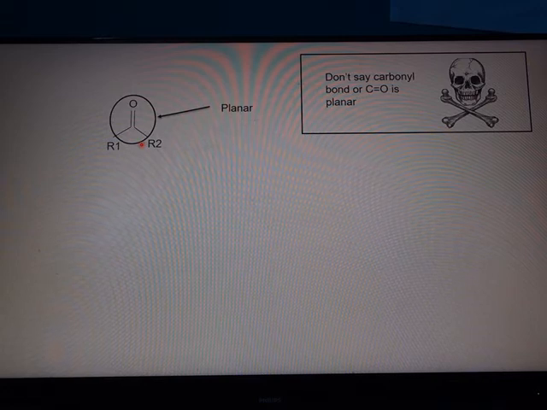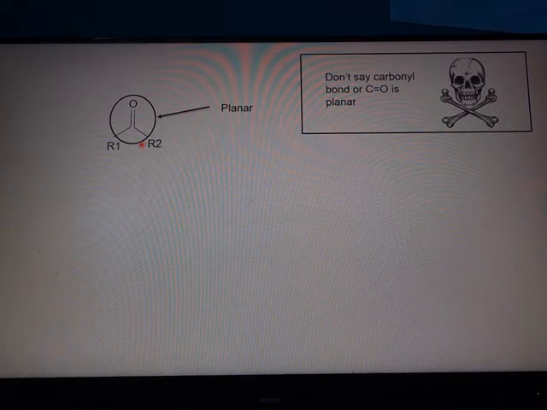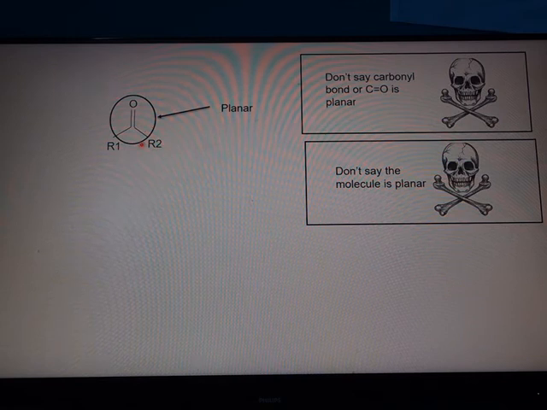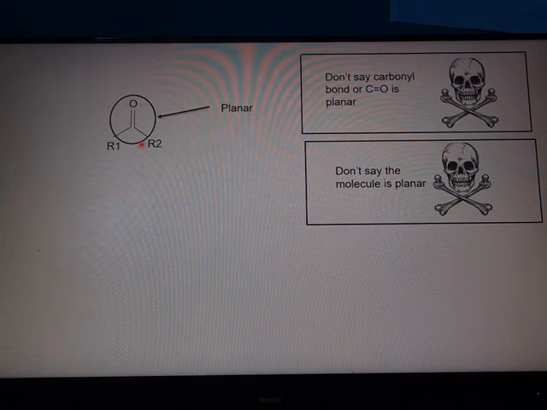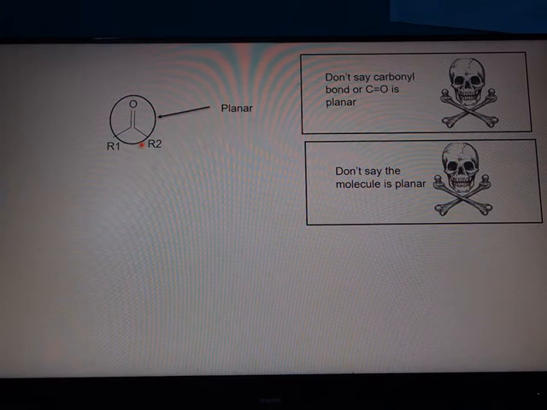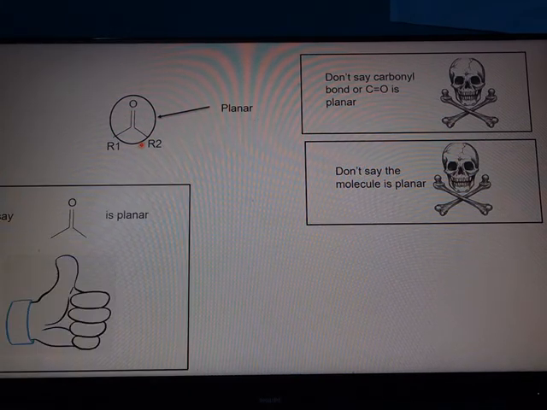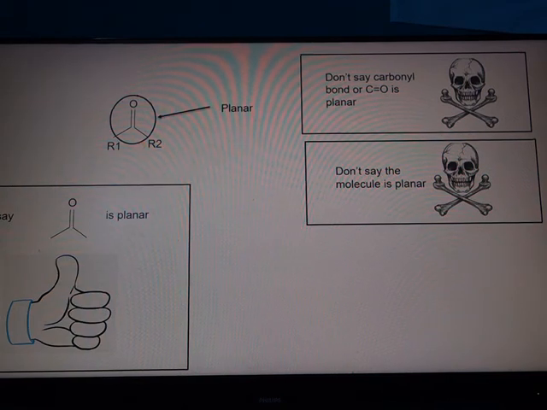So don't say it's planar, because that makes no sense. Don't say that the molecule is planar, because that's not true either. Okay, so if you say these things, you're toast. What you need to say is, this is planar. This is what you have to say.